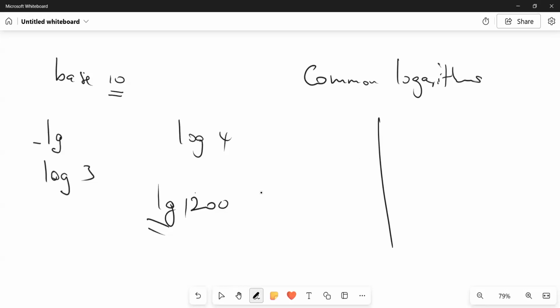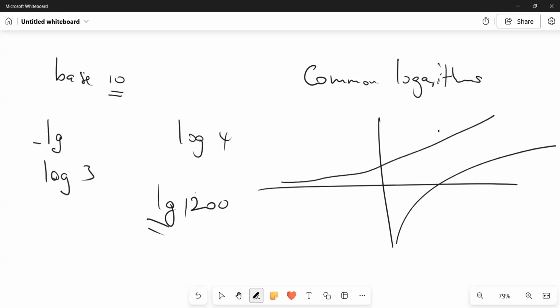If you were to look at a graph of the logarithm of a number, it will look like that. So a number raised to some power would look like that. And the logarithm, the log of x, looks like this. So if you check log of -1, tell me what the calculator says. What does it say?